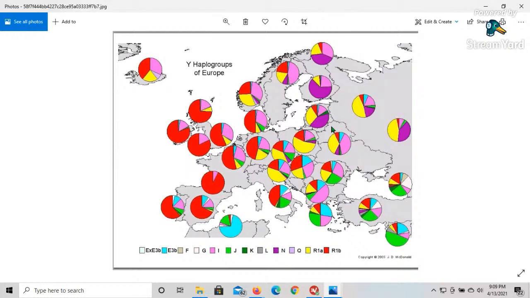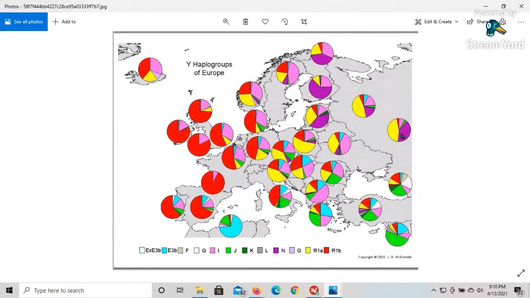The N belongs to the O Y chromosome family tree. So that's Magog. The N is the Magog Y chromosome, which they separated early on too. But they do belong to the same family tree. They just separated early on.